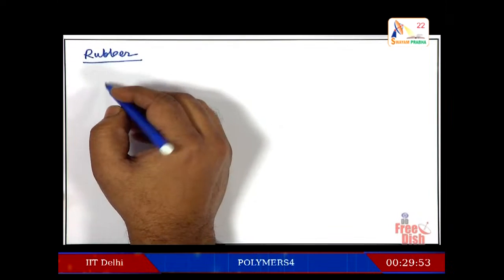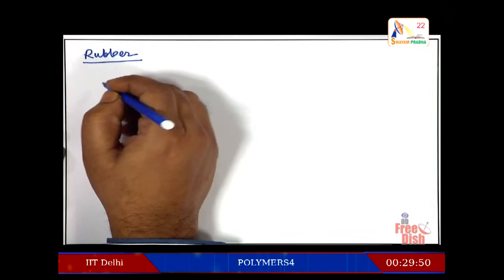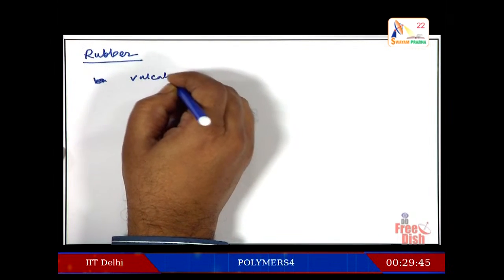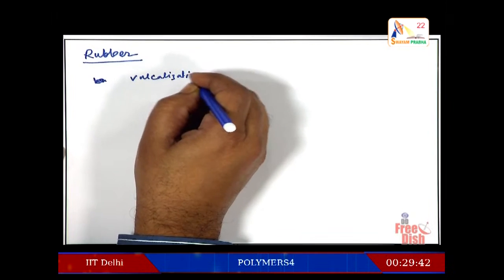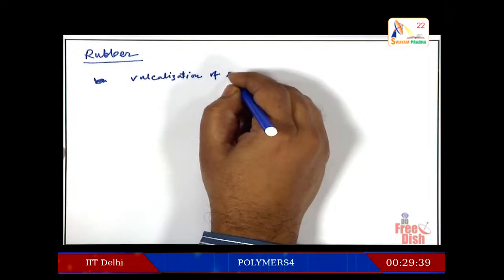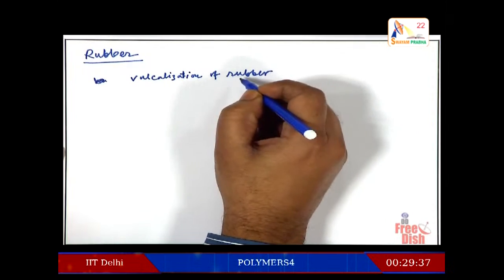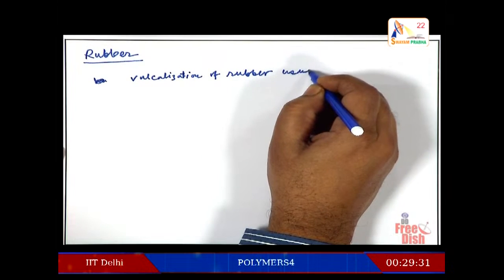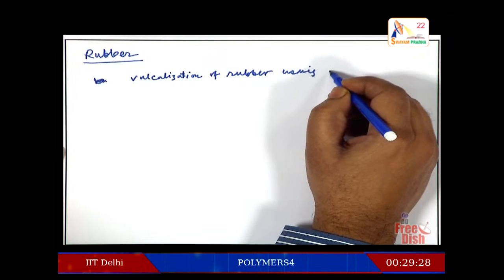So, in the 19th century, with the discovery of vulcanization of rubber, the applications of rubber expanded in many areas. It was discovered by the vulcanization of rubber using sulfur.